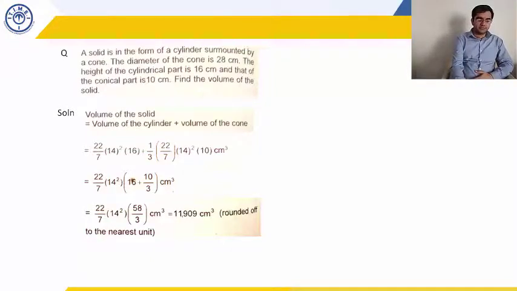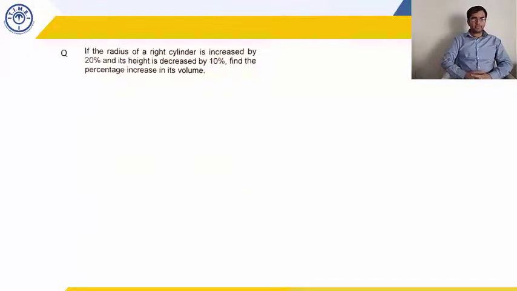Okay, let's move to the last question for today. Slightly tricky question. Radius of a right cylinder increases by 20%, height decreases by 10%.